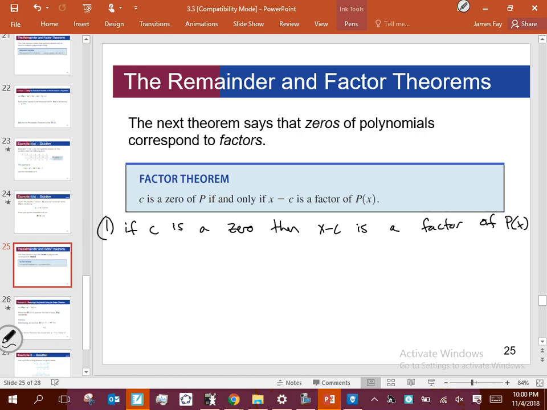That's the first thing it says. The second thing it says is the converse of this. If x minus C is a factor, then C is a 0 of P of x.